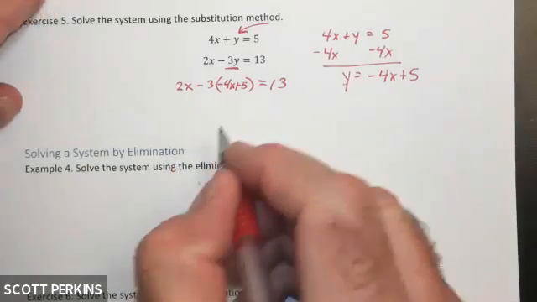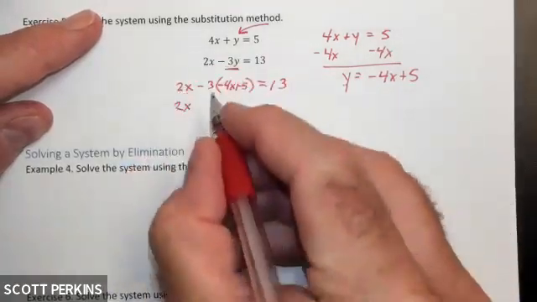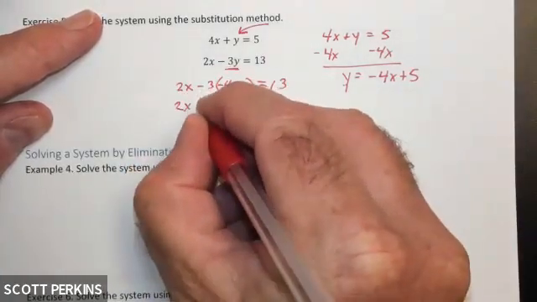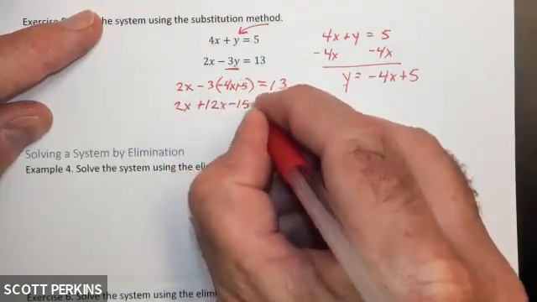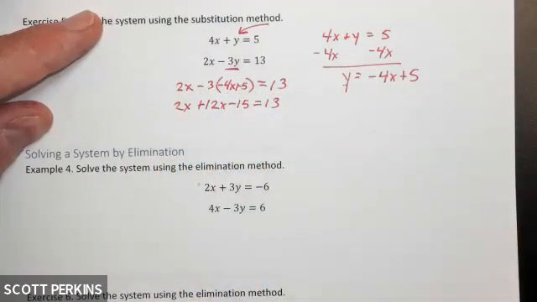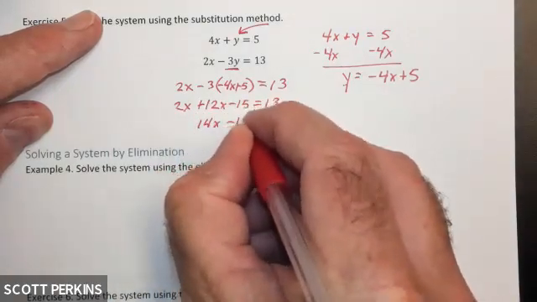Okay, so here we go. Now I'm going to do the part that should be more familiar, which is the solving part. So negative 3 times negative 4x is plus 12x. Negative 3 times 5 is negative 15. 2x plus 12x is 14 of them.